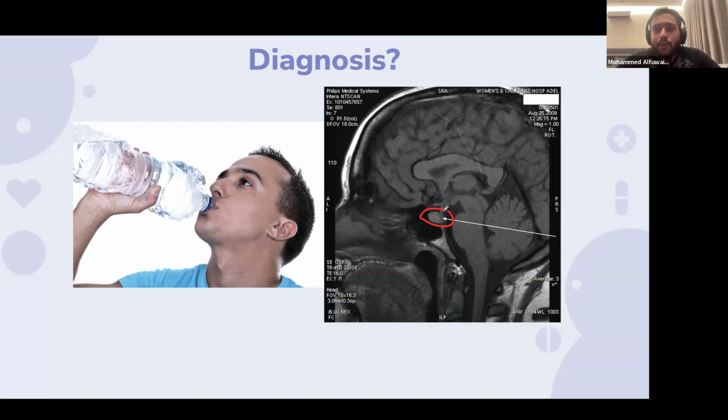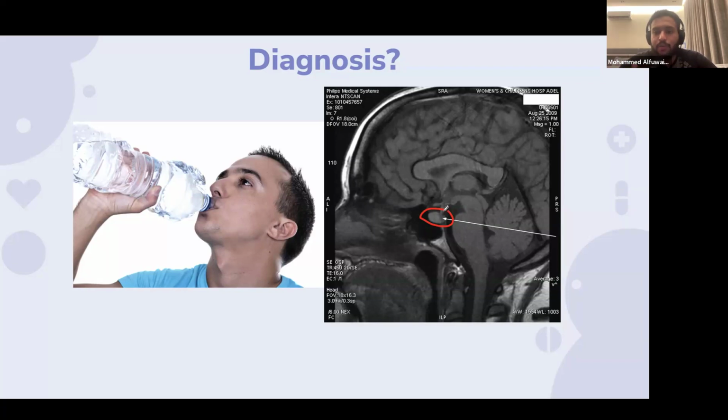Now, what's happening in patients with no ADH is that ADH will usually go to the kidneys and concentrate the urine. Okay, it's antidiuretic. You are going to try to conserve all the fluids in your body. So in this case, they're losing a lot of fluids, so their urine will be very diluted.